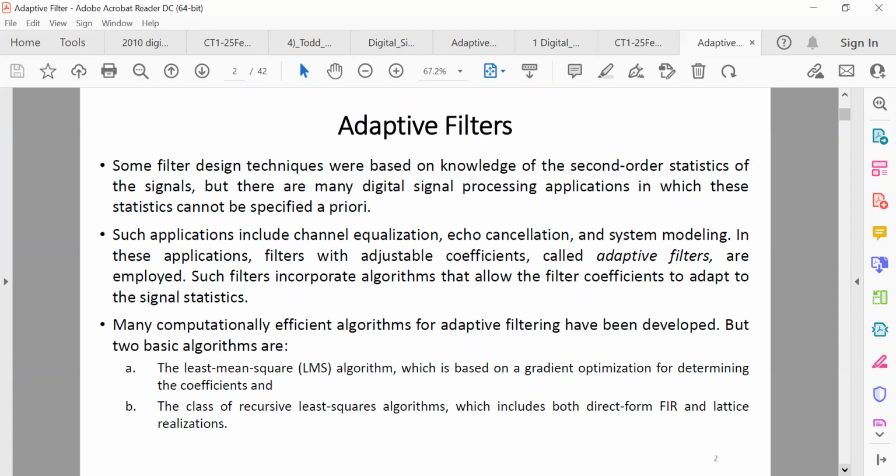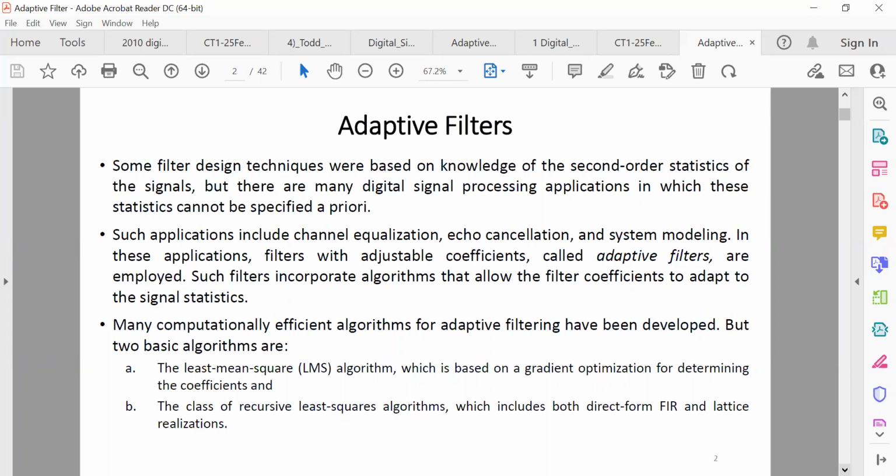Varying the filter coefficients based on the signal, or with the progression of time, is somehow like getting adapted to new situations or new signals, and thereby comes the name adaptive filters.